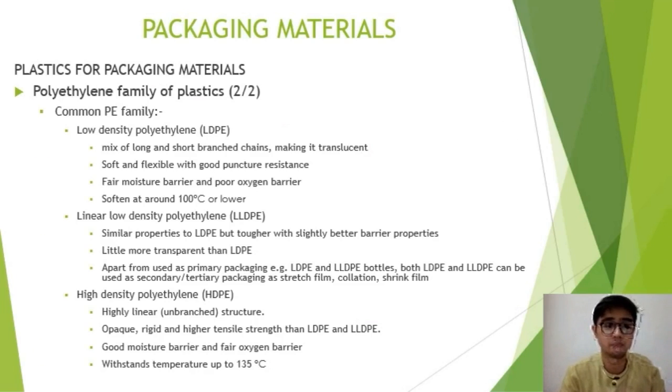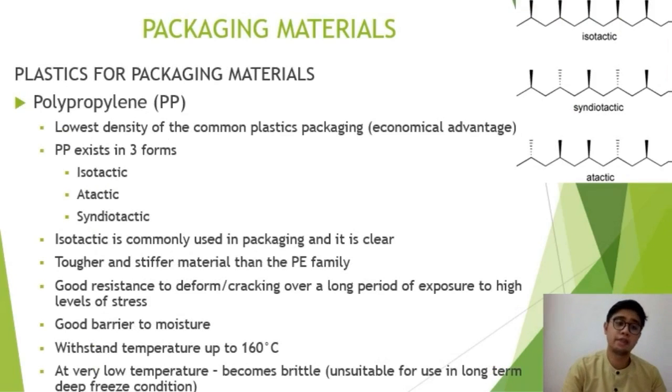Now we continue to discuss other plastic, which is polypropylene. PP has the lowest density as compared to the other common plastic packaging, so it provides an economical advantage in which the transportation cost will be much lower than the other plastic.